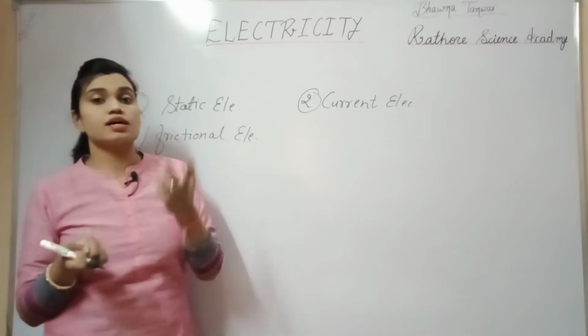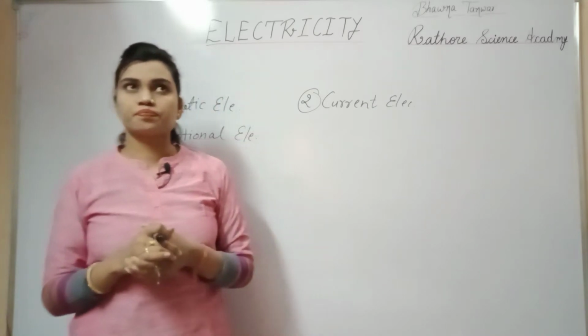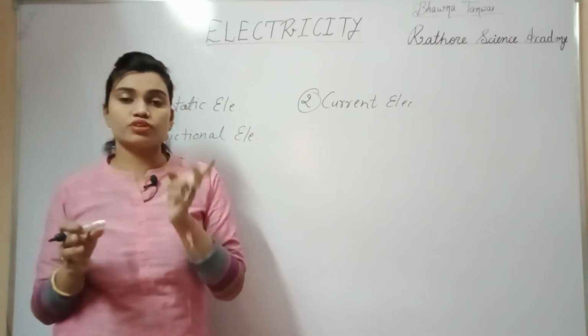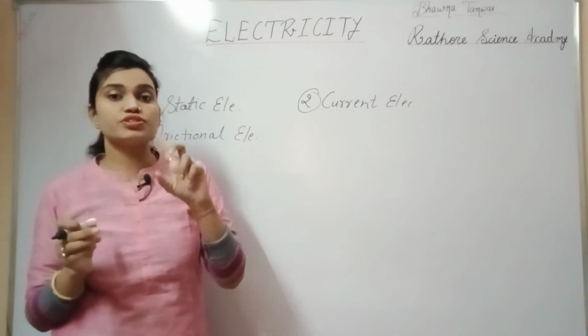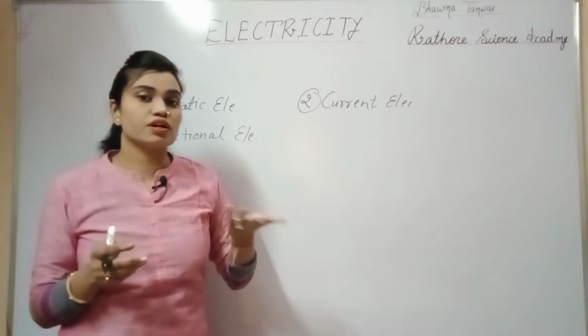Yes, we will discuss the examples also. While rubbing two bodies, there is loss or gain of electrons, due to which the charges are produced on the surface of the body.